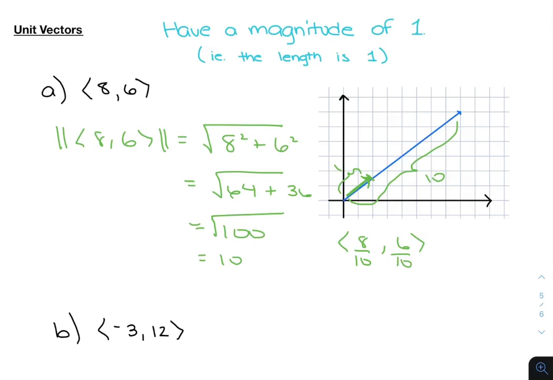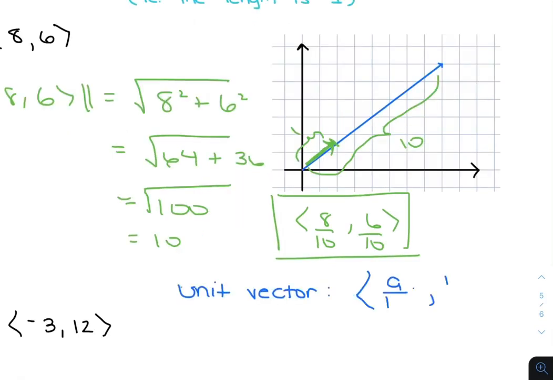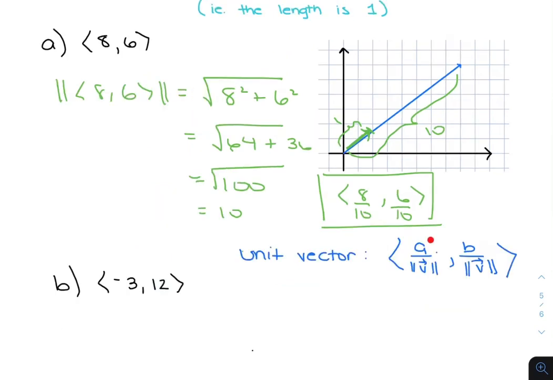If we divide each of them by 10, this would be the unit vector, because now the length of it would be 1. So in general, the unit vector is the components a and b both over the magnitude of the vector. We take both components a and b and divide them each by the magnitude, and this tells us what the unit vector is.